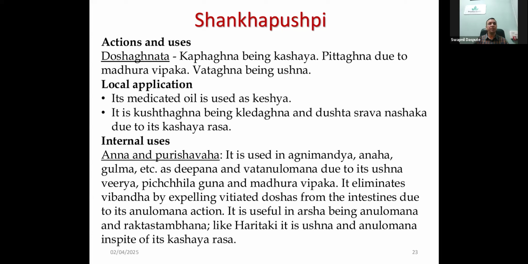Here Shankhapushpi also can be used. Like Haritaki, it is Ushna and Anulomana. Even if it is Kashaya Rasa, because of its Ushna Virya it is Anulomana. And with Kashaya Rasa, it has Raktastambhana activity. Even though it has Kashaya Rasa, it does not cause Avashtambha, that is Stambhana.